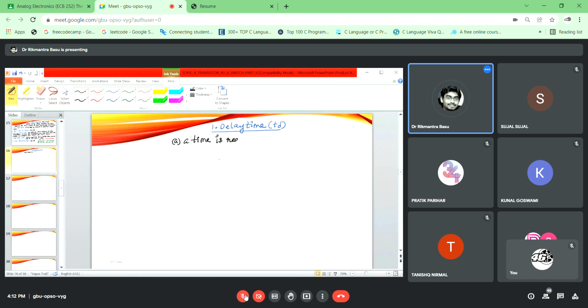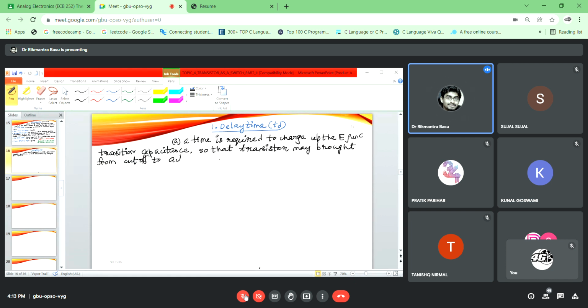Time is required to charge up the emitter junction transition capacitance, so that the transistor may be brought from cutoff to active region.